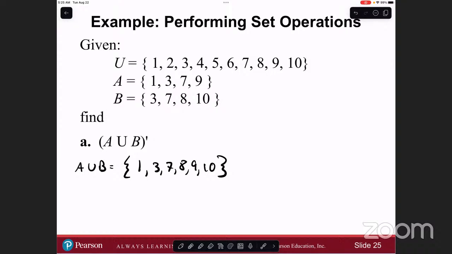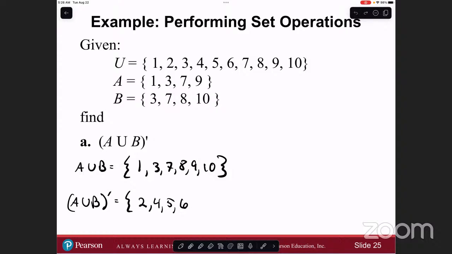So then A union B complement is going to be everything that's inside our universal set outside of this set. All right. So the universal set is the counting numbers from 1 to 10. So then we want the counting numbers from 1 to 10 that are not in our set, right? So notice we skipped over 2, 4, 5, 6, and that's it, right?